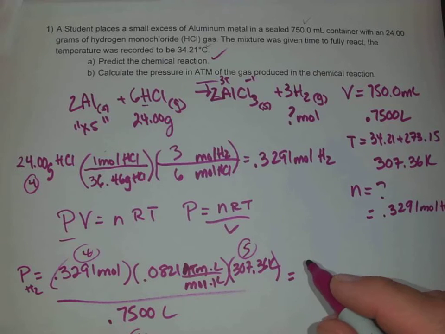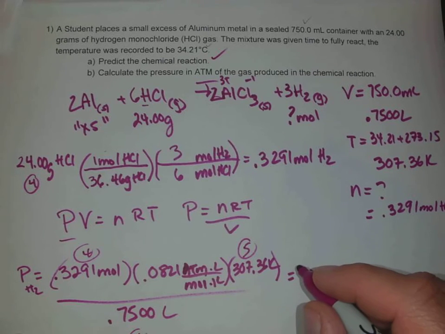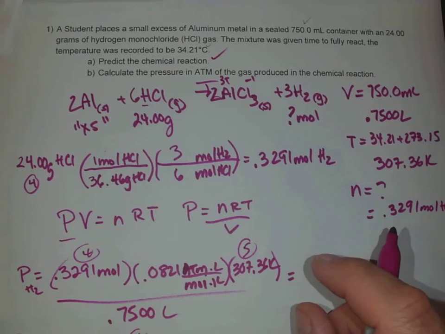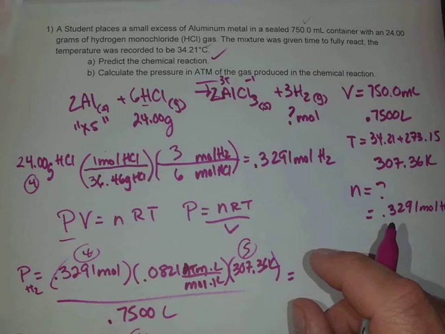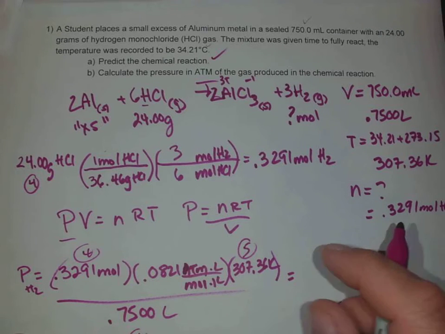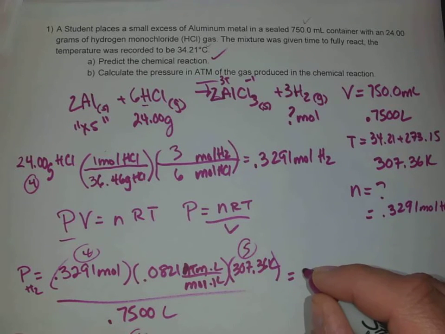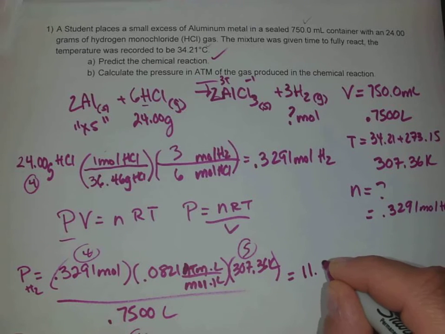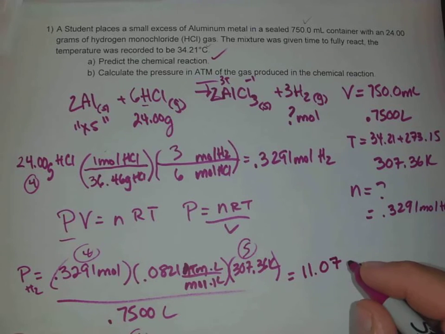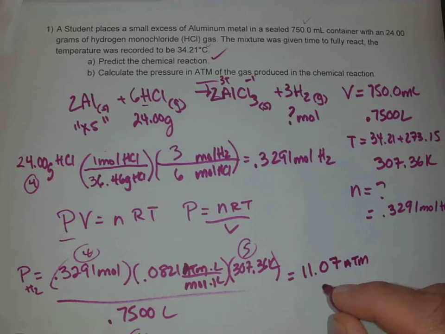And I believe if we do this right, to 4 sig figs, we come up with 11.07 atmospheres of H2 gas.